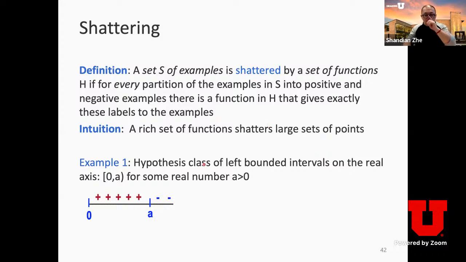Our very first example defines the hypothesis space as the left bounded intervals on the real axis. Each particular hypothesis is parameterized by the interval 0a, where a is a free variable but must be positive, and 0 is fixed.